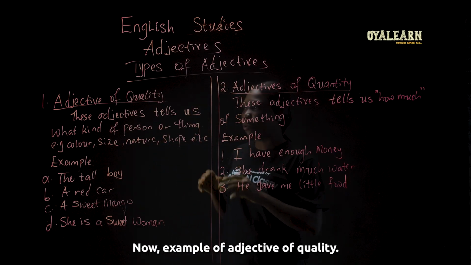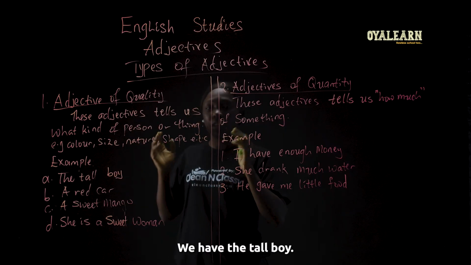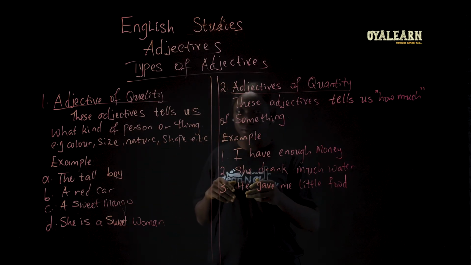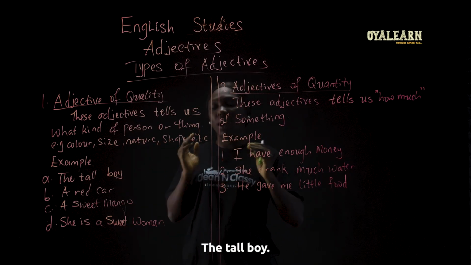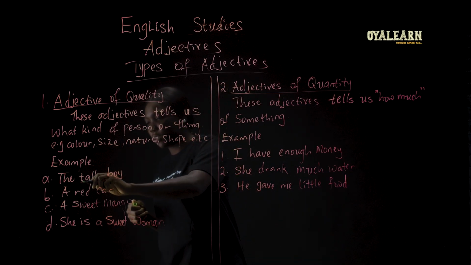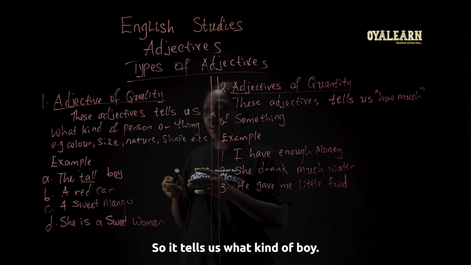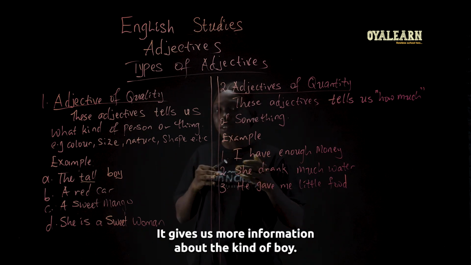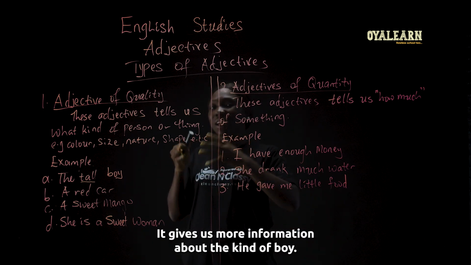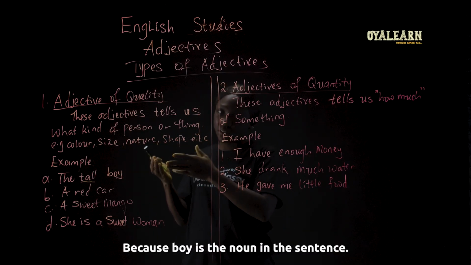Now, examples of adjective of quality. Sentence 1: the tall boy. The adjective there is tall, an adjective of quality. It tells us what kind of boy. It gives us more information about the boy, because boy is the noun in the sentence.